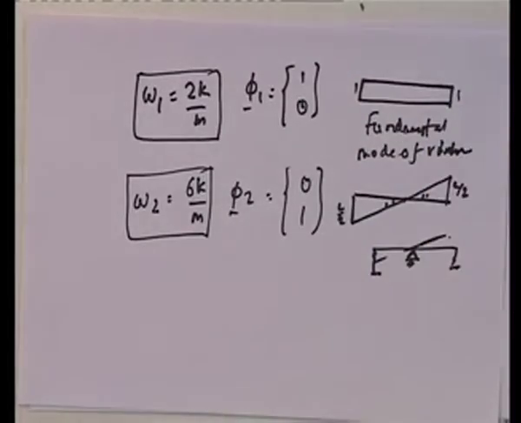So, that is called the fundamental mode of vibration. The fundamental mode of vibration has a frequency associated with it and a shape associated with it. So, you understand what the shape means? The shape is not some numbers, it actually means how the structure vibrates.